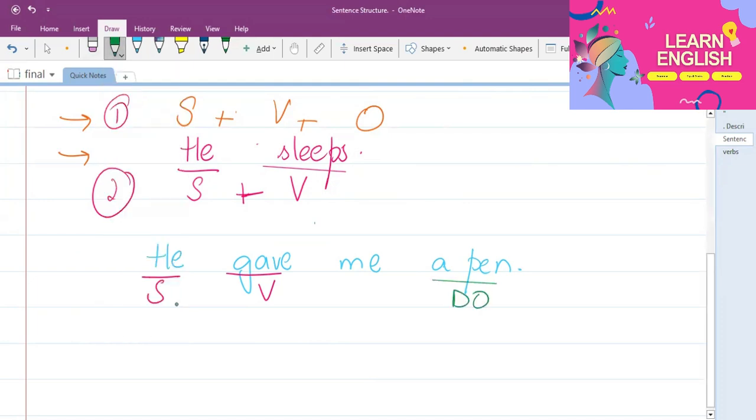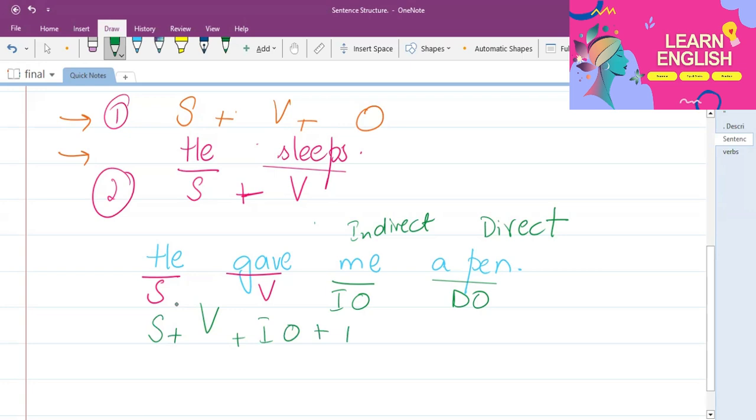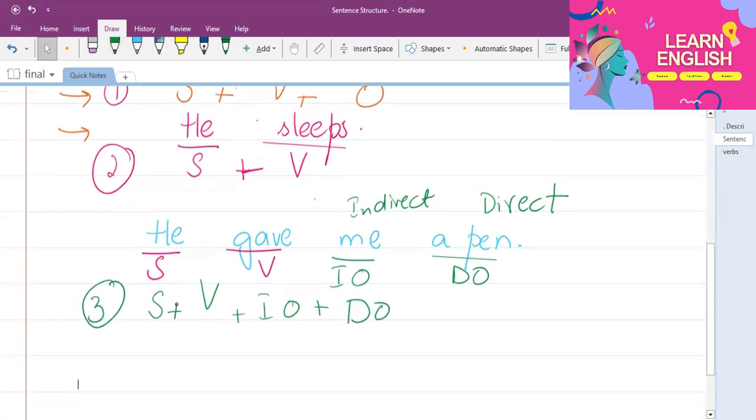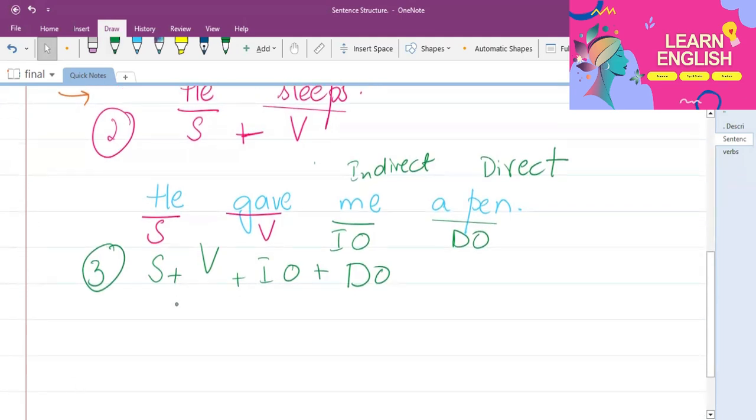It's the direct object that he has given, right? And to whom he has given, it's an indirect object. I have written it as IO, indirect object and direct object. So over here, you can see the placement of the objects. Two objects have changed the sentence structure again, and it has become subject plus verb plus indirect object and a direct object.